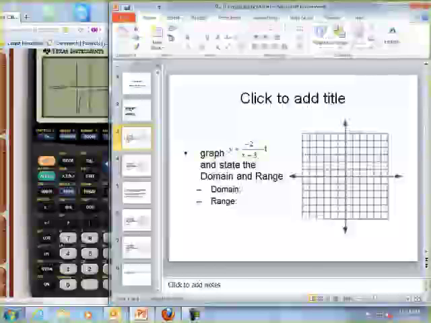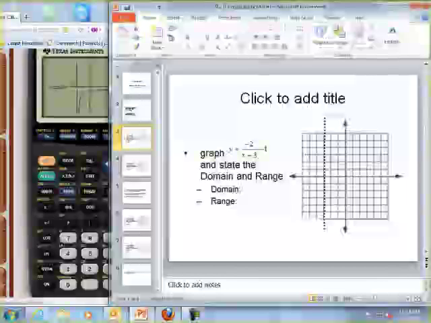Plugging in a -3 would be a really big problem because -3 plus 3 is 0, and dividing by 0 is a big problem in math. So that gives us our asymptote, that x cannot be -3. So at x is -3, I get a vertical asymptote.